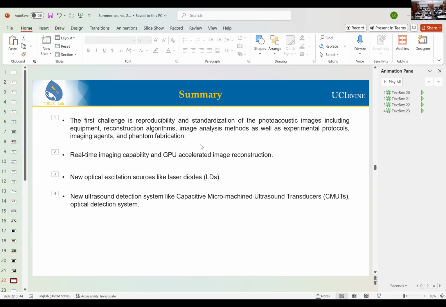As long as we have a good optical detection that is efficient and robust to the human body, I mean rough surfaces, that would be great. People would love it, not even mentioning photoacoustic, just for ultrasound, that would be fantastic. But so far we haven't made really big progress on that.